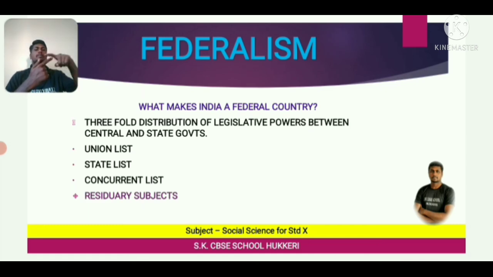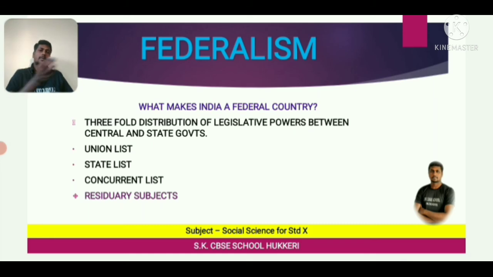In both the houses of the parliament, that law to bring changes in the power sharing system between central and state government has to be passed with two-thirds majority.